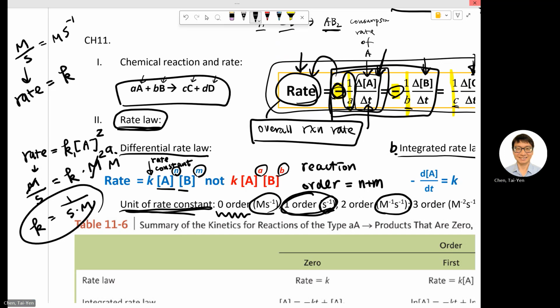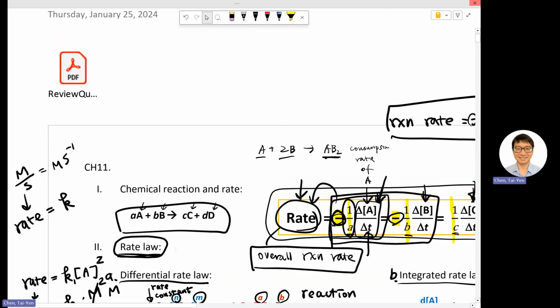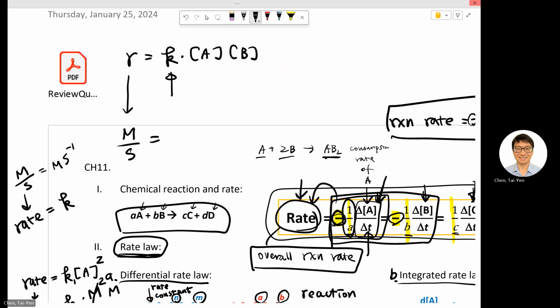If your second order reaction has A and B, the rate is equal to k times A times B. What is the unit of this? It's still the same, because your rate always has the unit of molarity per second. k is the unit you are going to find. For your concentration term, A is just molarity, and B also has molarity, and then you can cancel one of them.